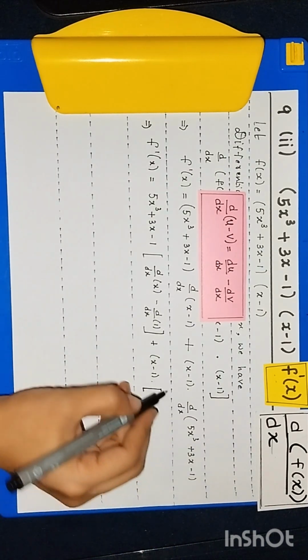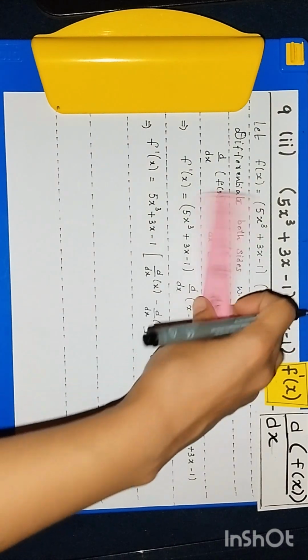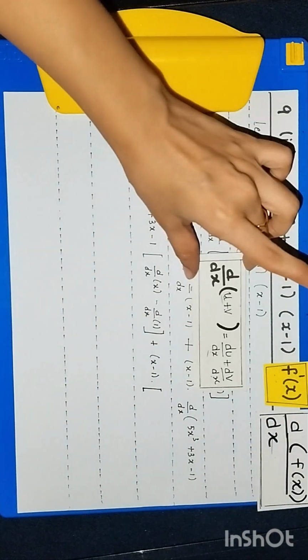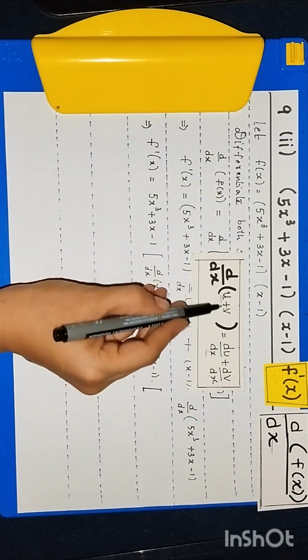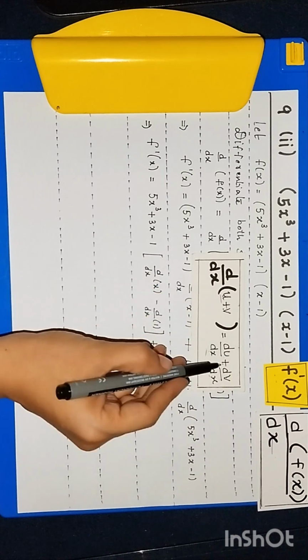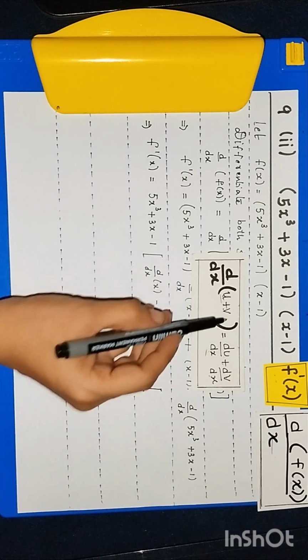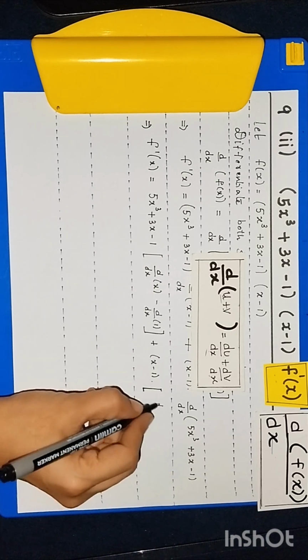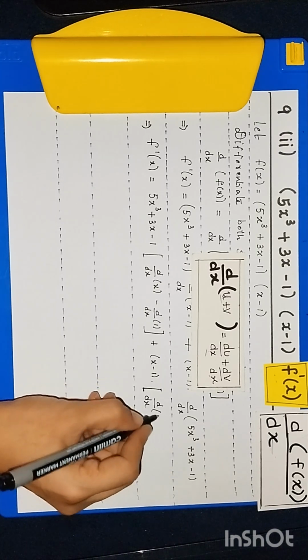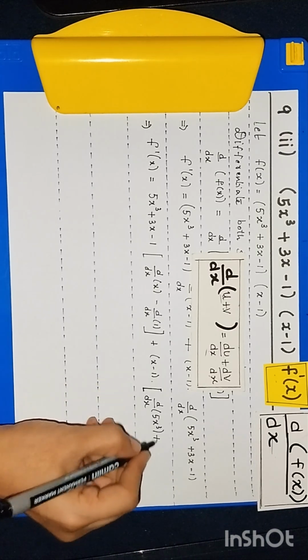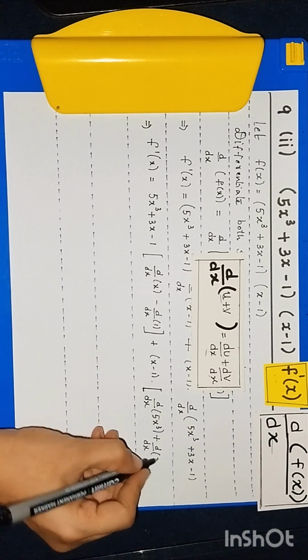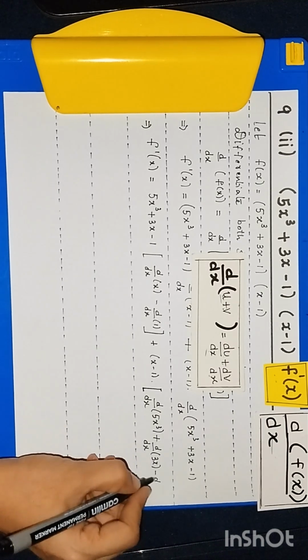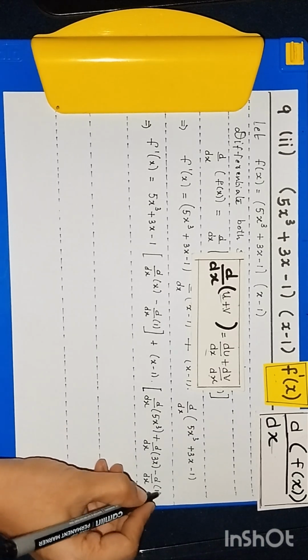So again from the algebra of derivatives, when you have a sum of two functions, how do you write? d by dx of u plus v is du by dx plus dv by dx. It also applies for more than two functions. So let us apply here d by dx of 5x cube plus d by dx of 3x minus d by dx of 1.